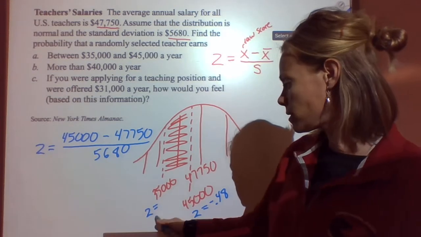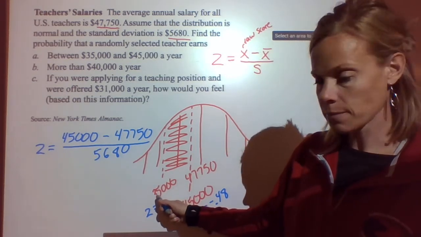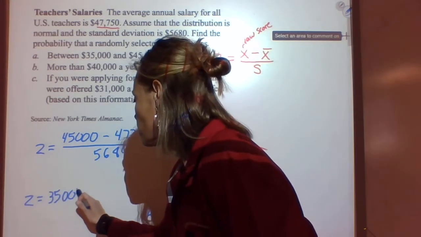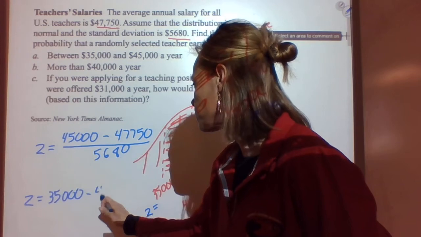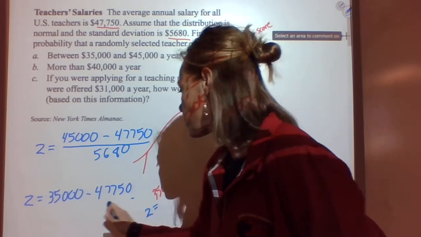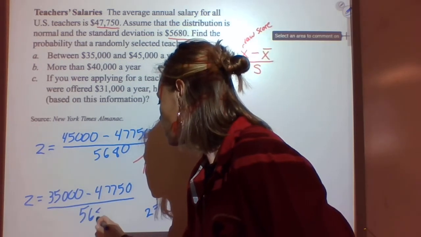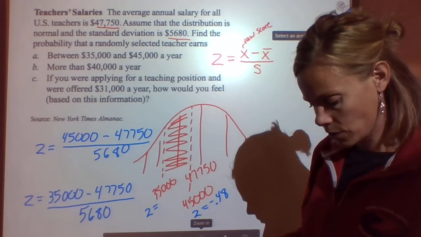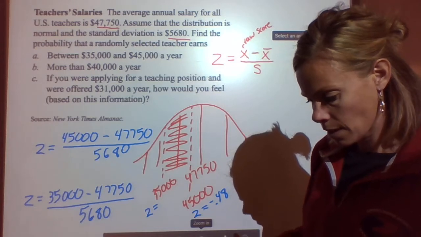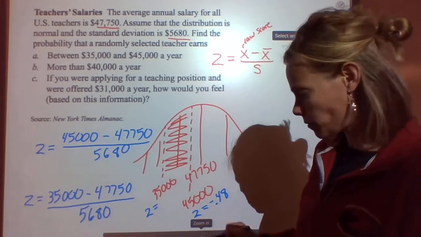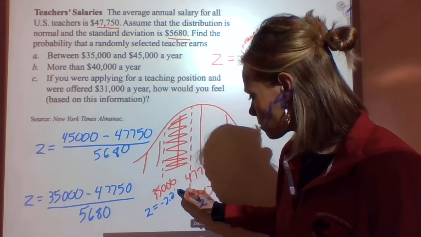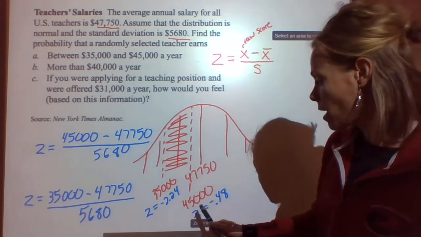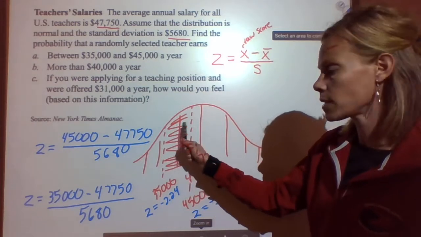So I know this z-score is negative 0.48. Now I need the z-score for the 35,000. Same formula: 35,000 minus the mean divided by the standard deviation. Again, parentheses, and I get negative 2.24. Going back to lesson 5-1, I have two z-scores and I need area in between.